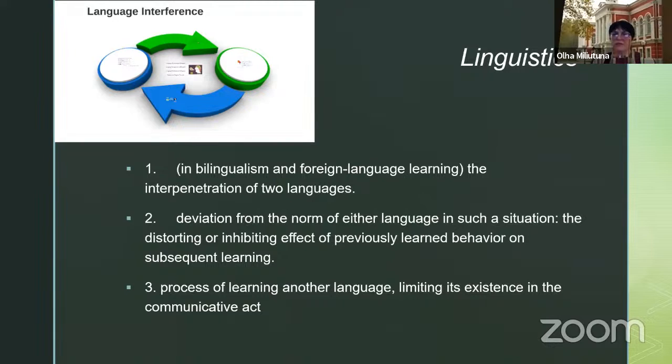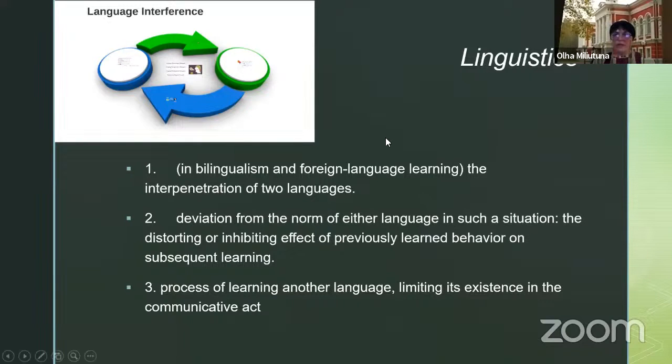Others define interference as a semantic or structural change in the form of deviation from the norms of language 1 under the influence of language 2. And some researchers characterize interference exclusively as the process of learning another language, limiting its existence in the communication act. And influential changes in language norms during communication are interpreted by them as borrowings.